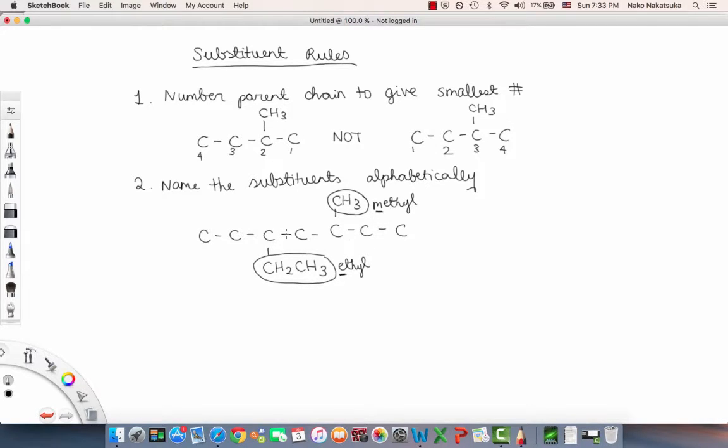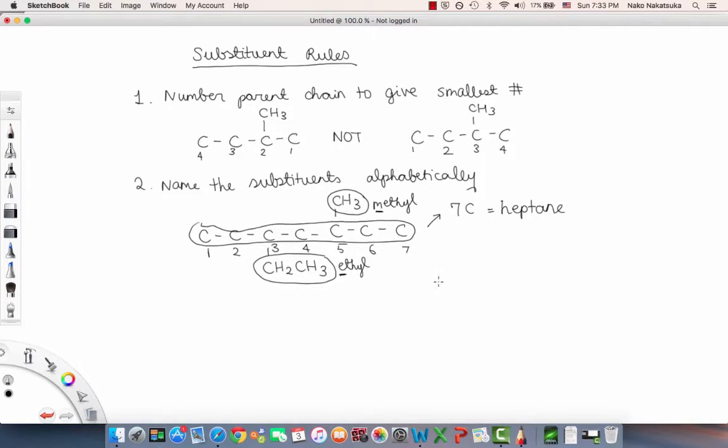So when I number the parent chain, which is the guy right here, which is 7 carbons, we already know that the parent chain makes this molecule end in heptane. And I'm going to number it so that the ethyl comes before the methyl. So how would I do that? I would go 1, 2, 3, 4, 5, 6, 7 instead of going 1, 2, 3, 4, 5, 6, 7.